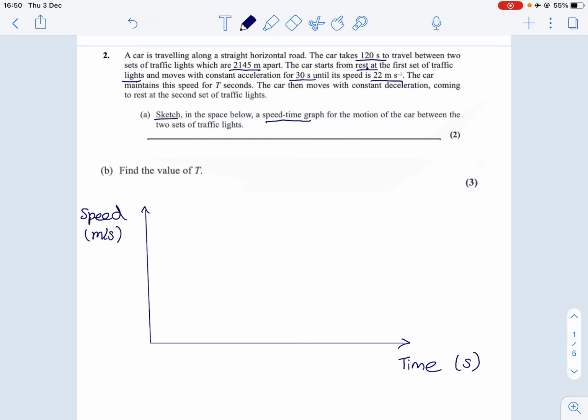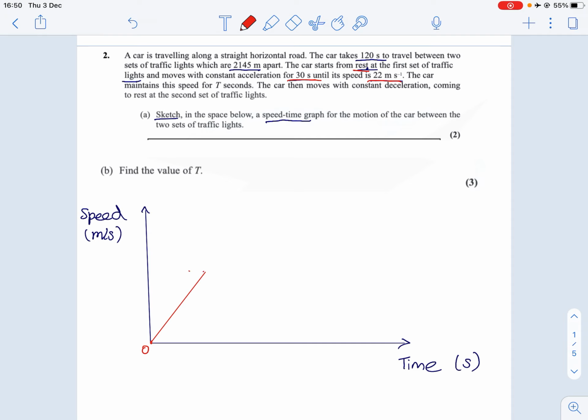So it's saying the car starts from rest. So when the car is at rest, I'm just going to do this in a different color, it has a velocity of 0. And time, it will also be 0. Then from rest, it moves with constant acceleration for 30 seconds, and it reaches 22 meters per second. So it's accelerating at a constant rate.